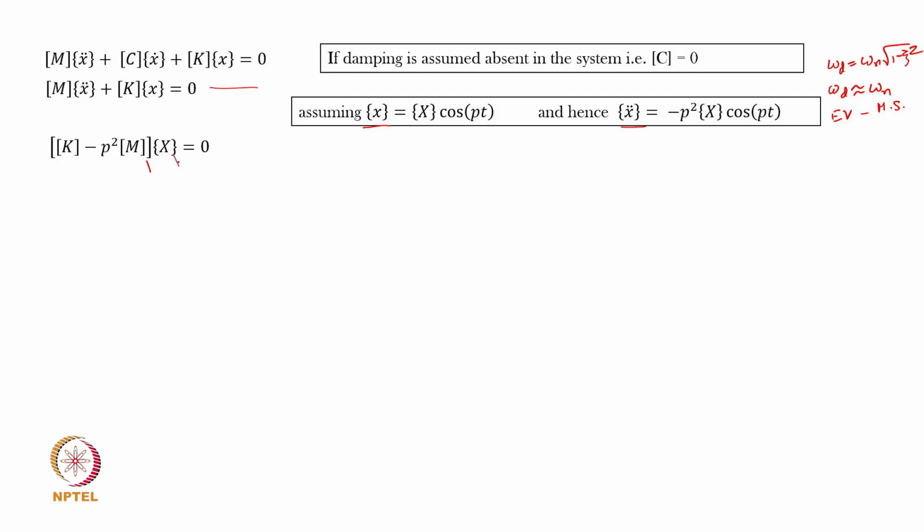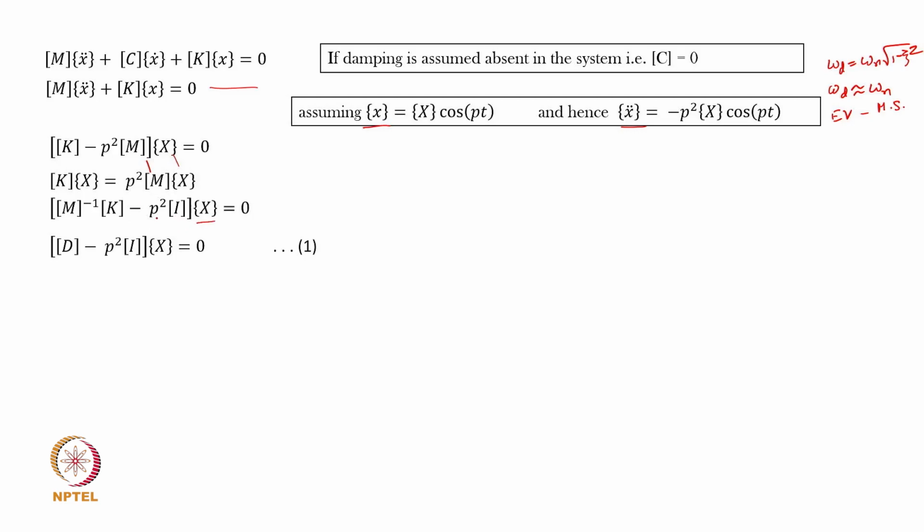For a non-trivial solution, we equate the matrix to 0. And the equation is brought into a standard eigenvalue problem format. So, it is capital K x equal to p squared m x, that is the standard form of the eigenvalue problem, okay, which can be rearranged in this form.